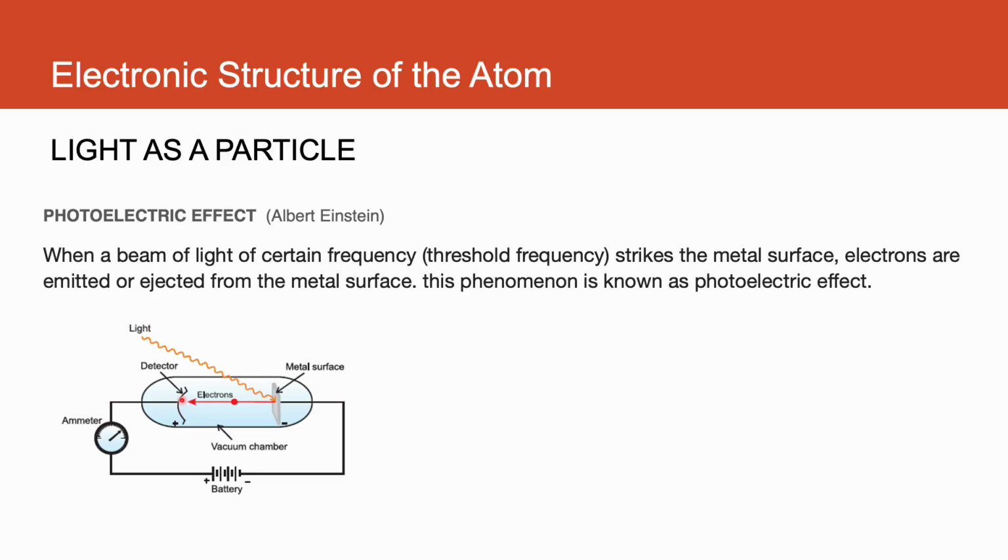Naglagay sila ng detector measuring the current, no? So this experiment actually proved that light can behave as a particle because electrons nga are displaced sa metal surface. No? So those are properties of a particle, which is actually exhibited by your light.